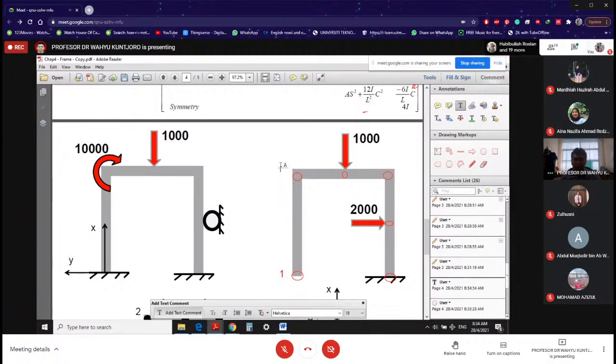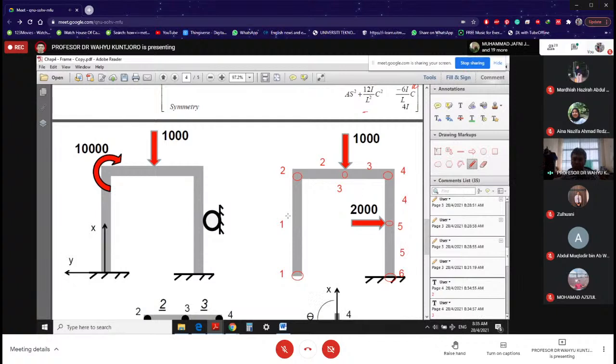And then I can put numbering. 1, 2, 3, 4, 5, and 6. Okay, and also element numbering. 1, 2, 3, 4, 5.